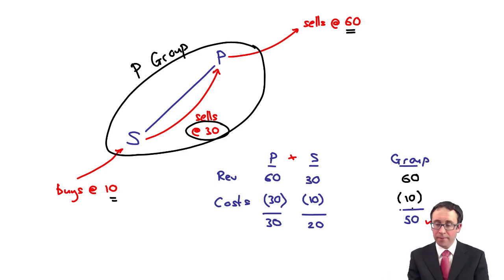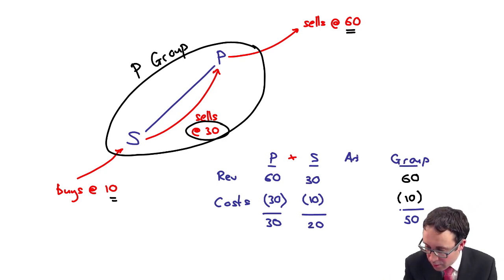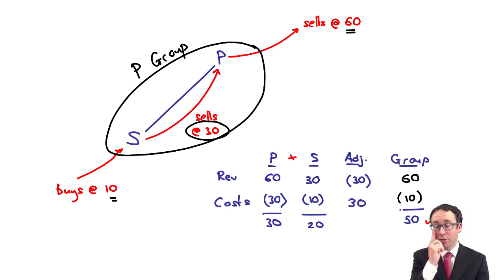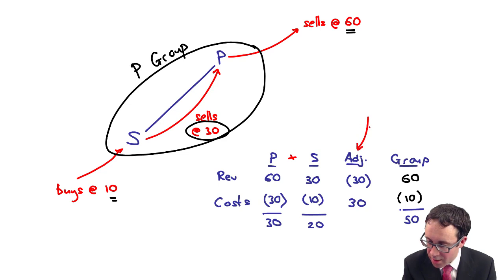That still gives us the same profit. So within the adjustments column, we reduce the revenue by 30 and we reduce the costs by 30, which is effectively the intra-company sales.